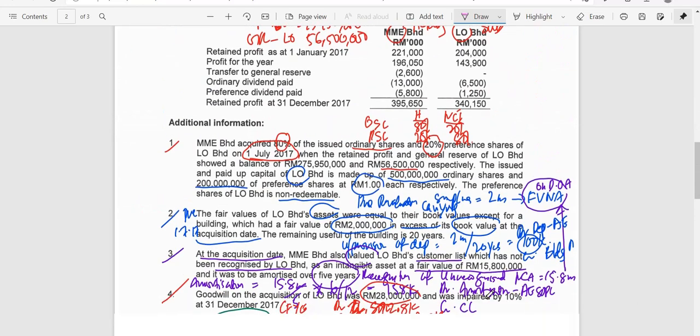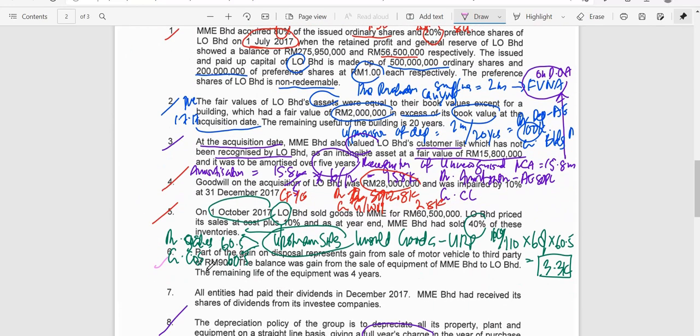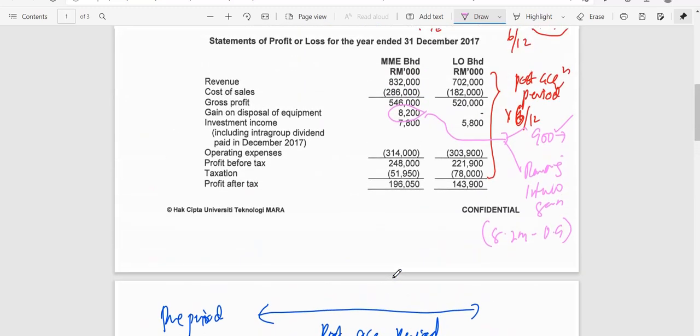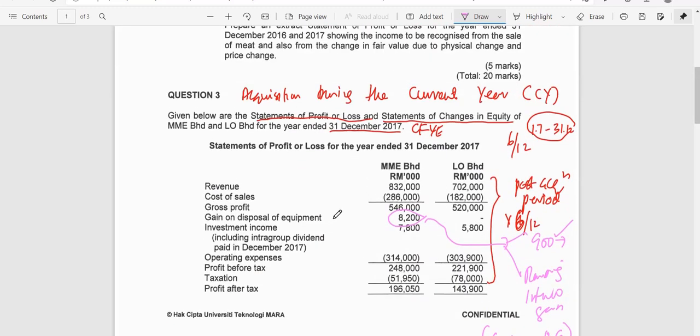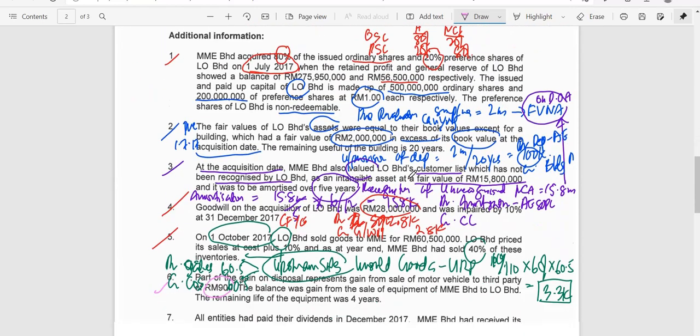That was the intercompany gain that must be removed, and it means that only 900, sorry, it was just 900, not 900,000, 900, should be shown in your consolidated statement of profit or loss as the gain. So we'll be doing that by taking 8.2 minus 0.9. Next is to remove that.